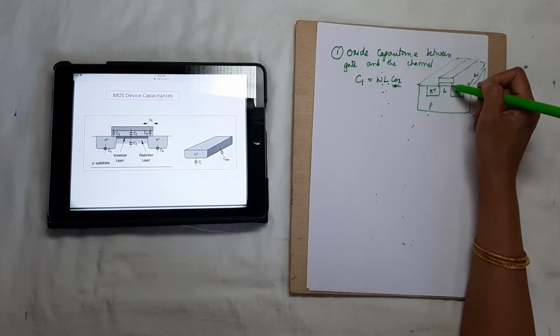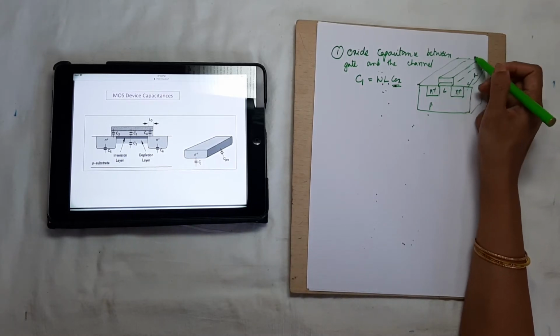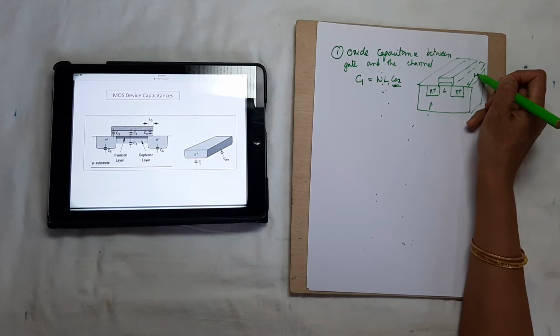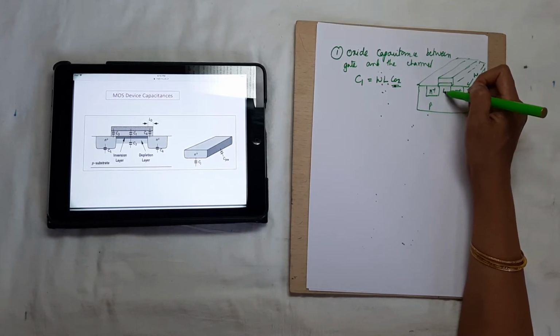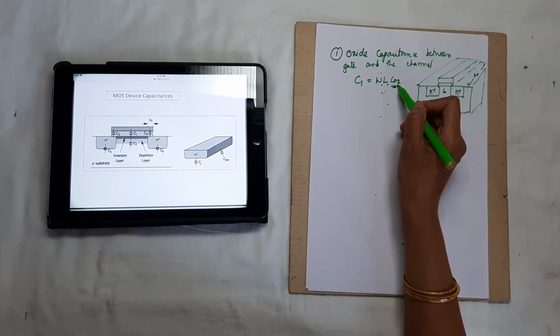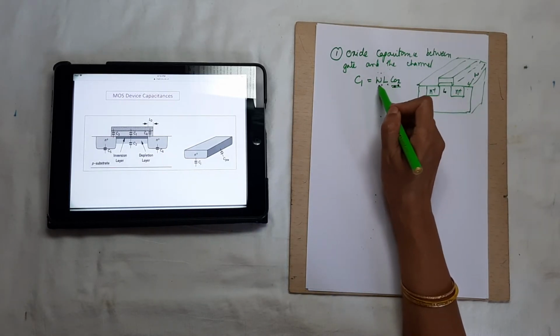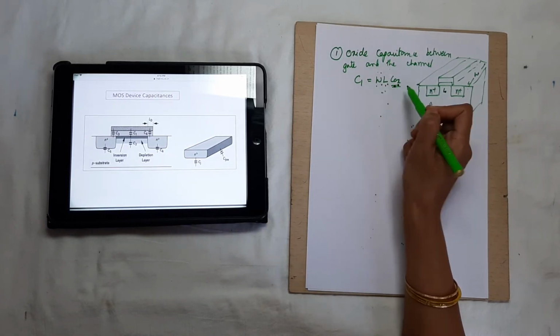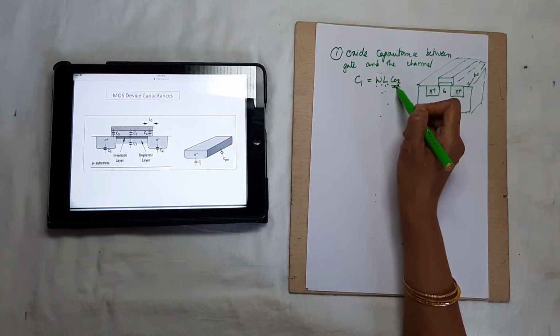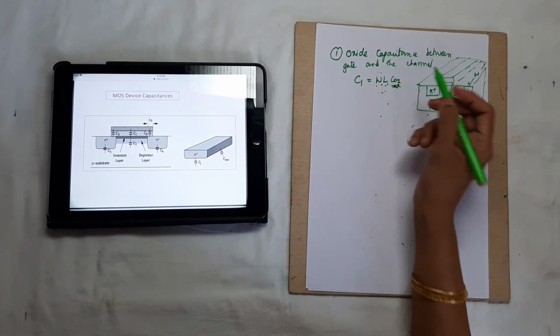Our channel is present throughout the width of the transistor. Therefore, what is the area of this gate? It is width into the length of the transistor. And this oxide capacitance Cox represents the capacitance per unit area. Therefore, we have to take the entire area, which is width multiplied by length multiplied by the oxide capacitance. This gives the oxide capacitance between the gate and the channel.